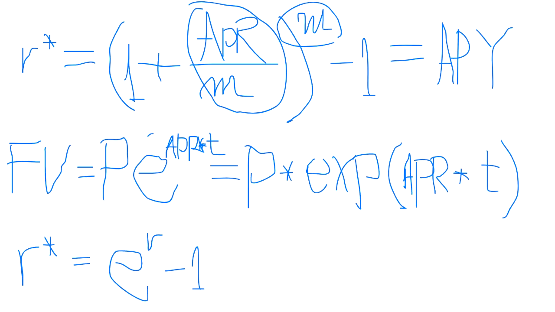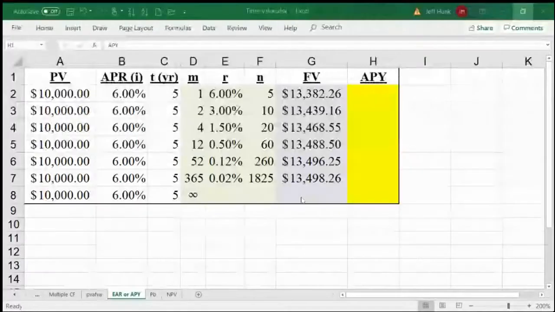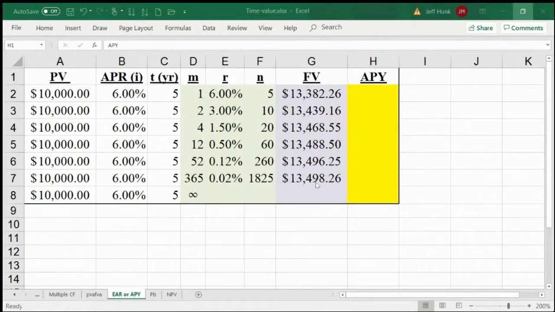All right, so let's switch back to Excel. All righty, so everyone is back on Excel. Let's take a look. So here, what do we do about the future value?